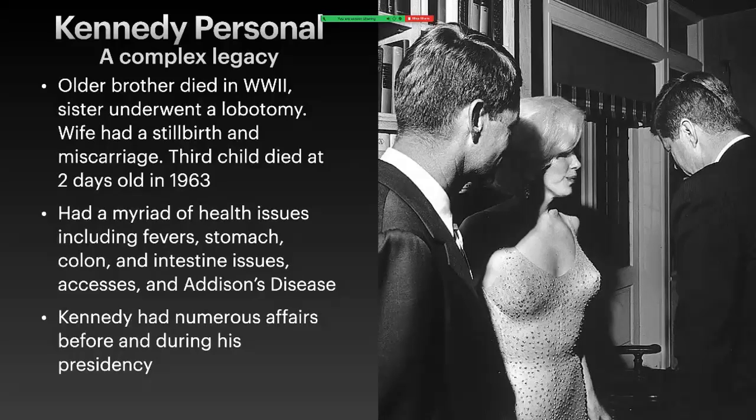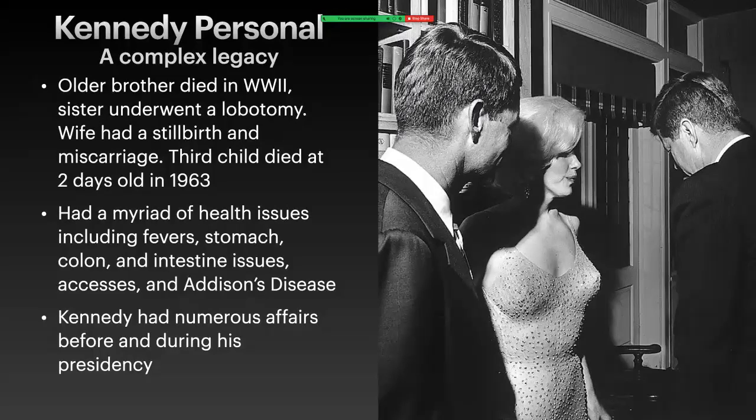And obviously Kennedy, and you may be aware of this, had an interesting personal life. He was the second born son of the Kennedy family. The first one was Joseph P. Kennedy Jr. The Kennedys were the sons of Joseph P. Kennedy Sr., and Joe Sr. was the American ambassador to Britain right before World War II, and was one of the architects of the Munich Agreement that actually helped start World War II and was vaguely pro-Nazi.